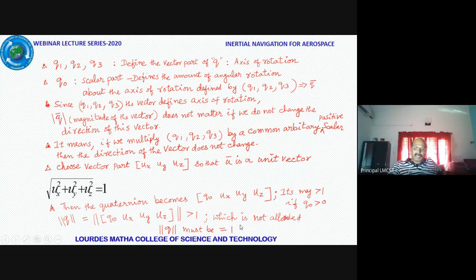When we are transforming, I should not alter the magnitude of the vector. And that imposes the condition, when quaternion is used for handling rotation, that the magnitude of this Q, the entire Q0, Q1, Q2, Q3, all four elements together, should be 1.